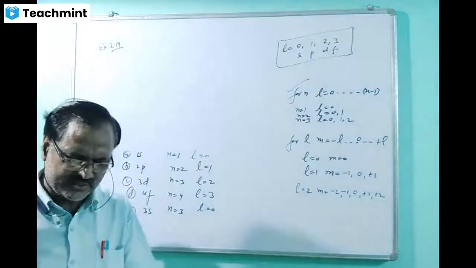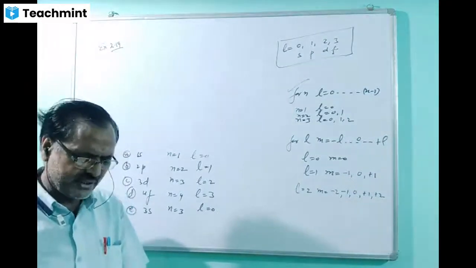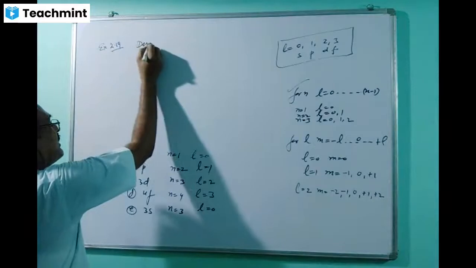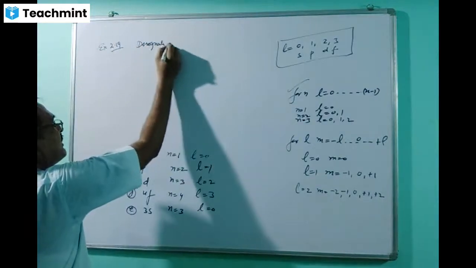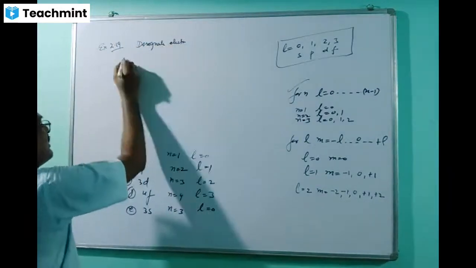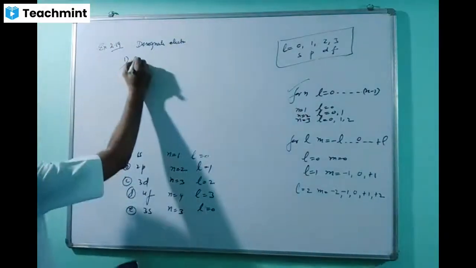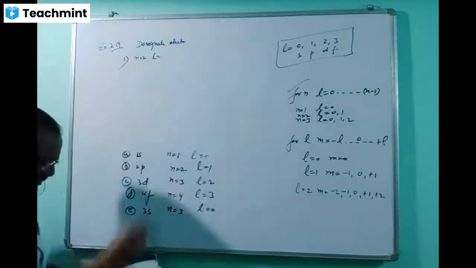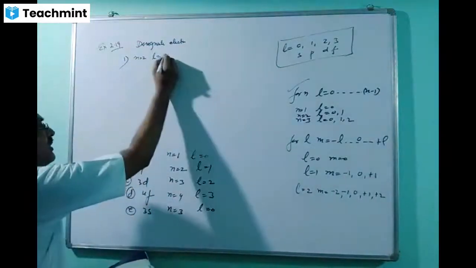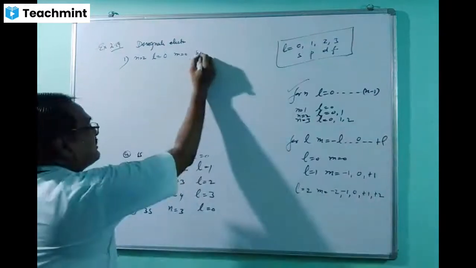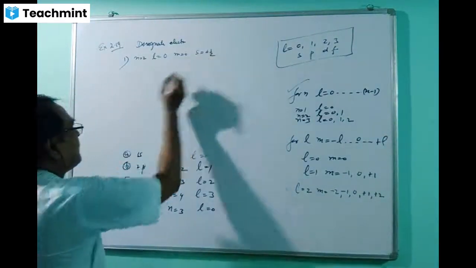Describe the electron having the following set of quantum numbers, designate the electron. The first set is given, that N is equal to 2, L is equal to 0, M is equal to 0, and S is equal to plus half.